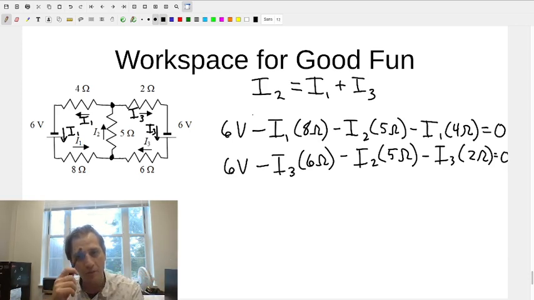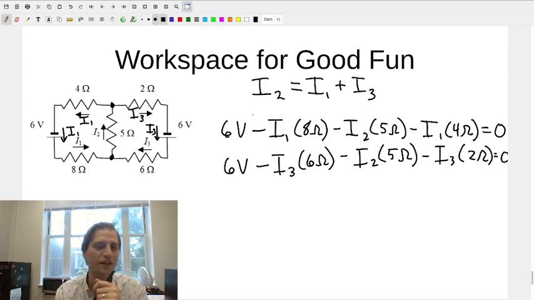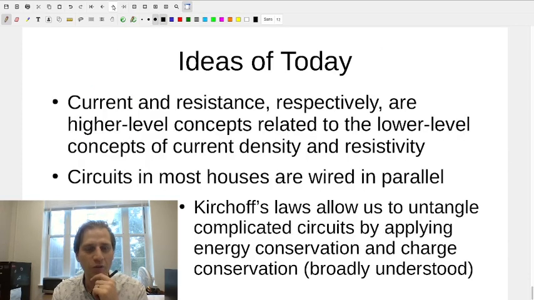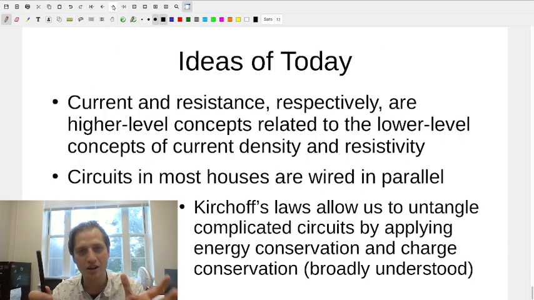I'm thinking about whether I want to do it in the next video or not, because to me it seems like once you have the idea, it's not actually that much more illuminating to go ahead and solve it. But I want you to at least understand this is how you would teach a computer to solve more complicated circuit problems.